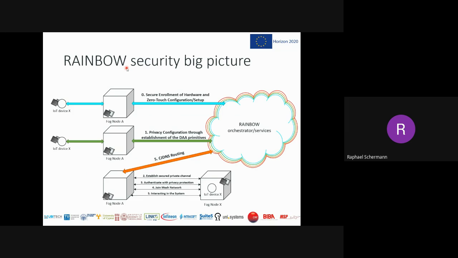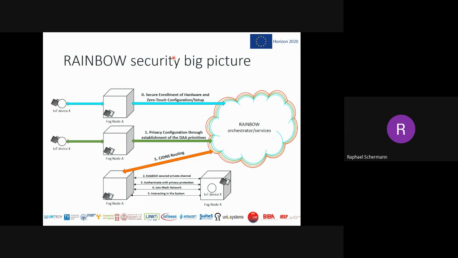Then, if this process is done, the fog node together with the IoT devices performs some privacy configuration through the establishment of direct anonymous attestation primitives. Then we also establish a secure private channel and authenticate the fog devices to another fog device or to some other IoT device with privacy protection.